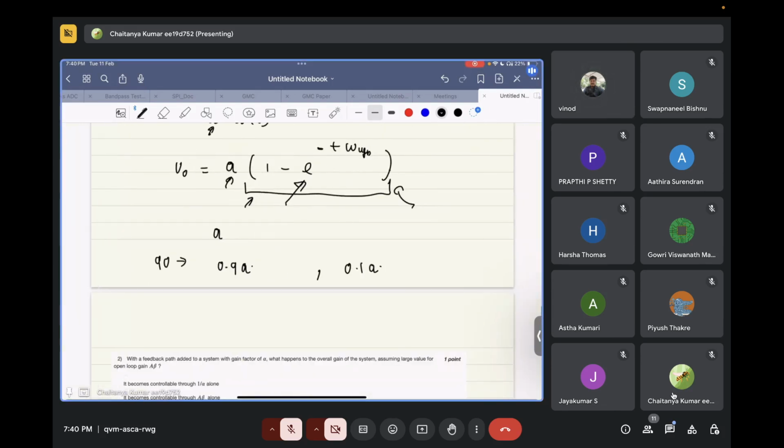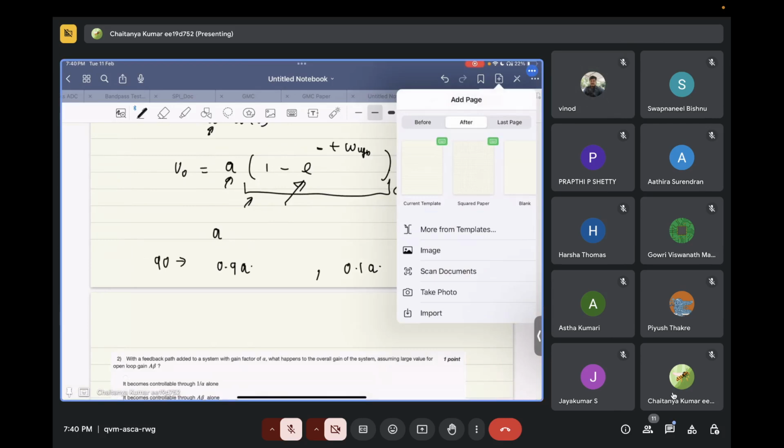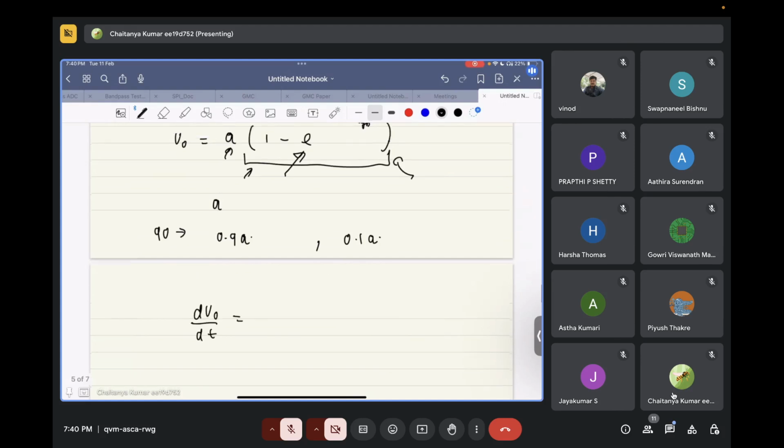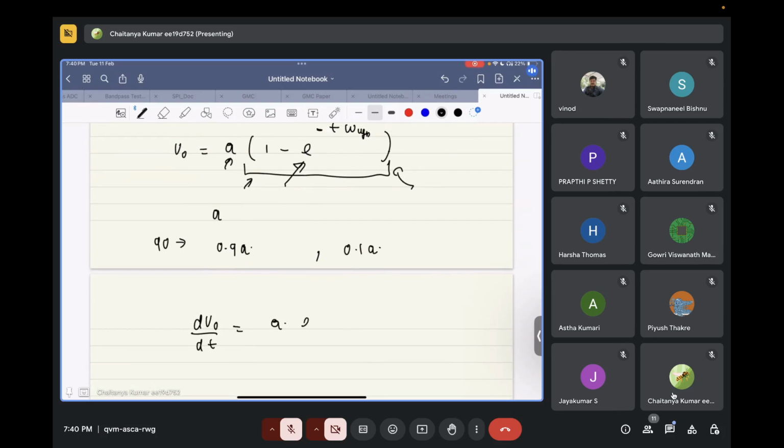If we differentiate it, we get dV naught by dt is equal to A times minus t by (1 over omega UGB). Correct? Yes.